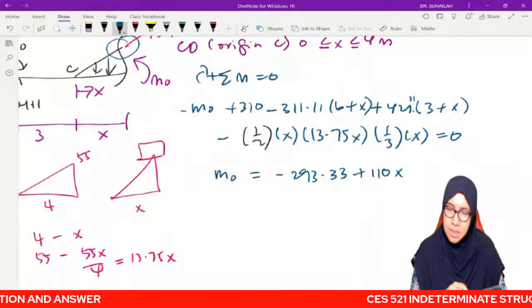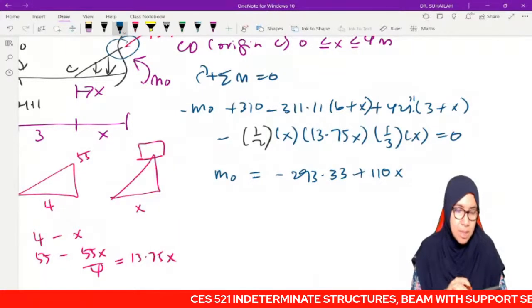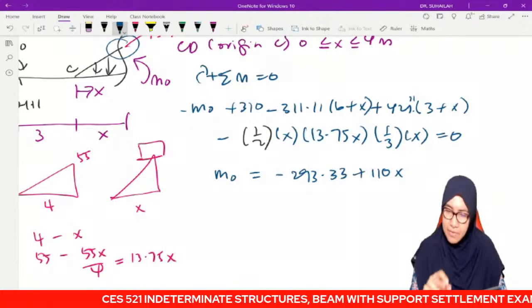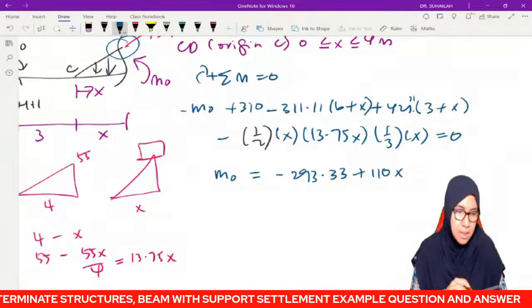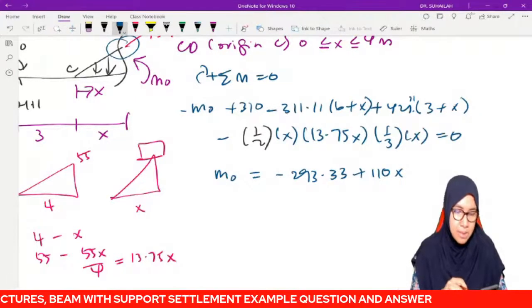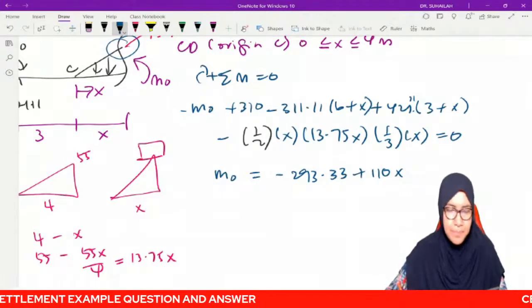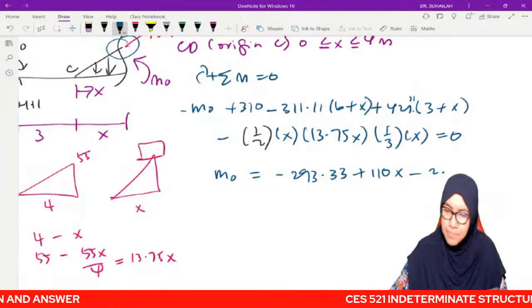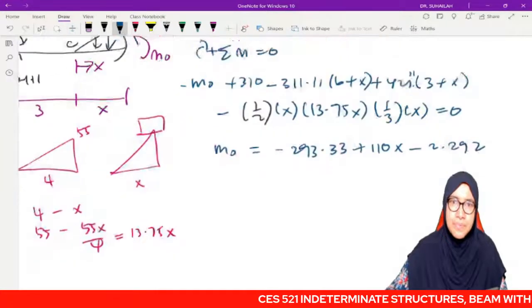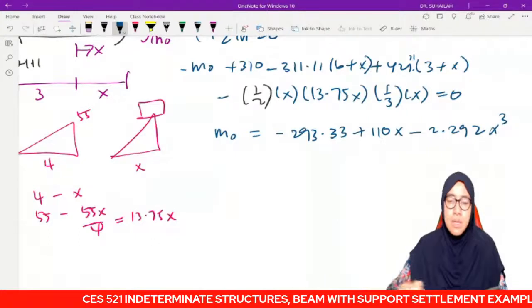It is 0.5 times 13.75, divided by 3, so we get minus 2.292 x cube.